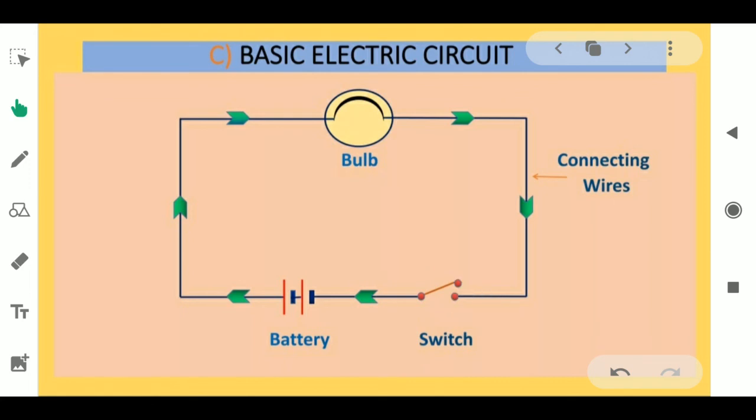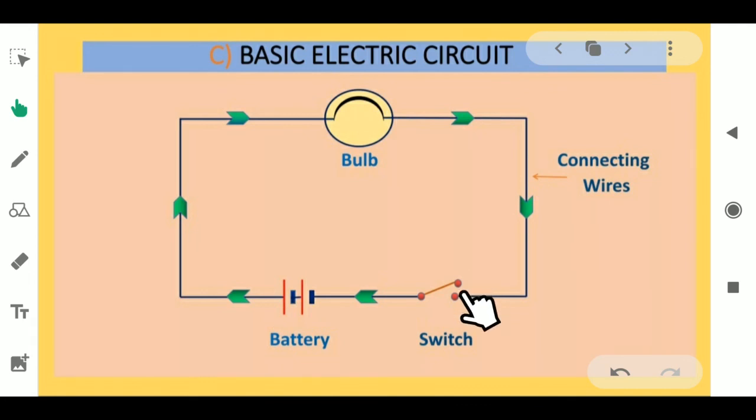Why? Because here the switch is in the open condition, or not in the closed condition, right? When the switch is in open or switched off condition, the electricity does not flow through the connecting wires or the circuit, meaning the bulb does not glow because there is no passage of electricity.